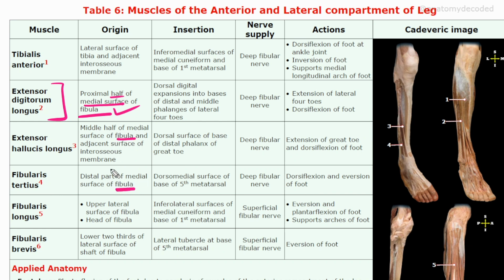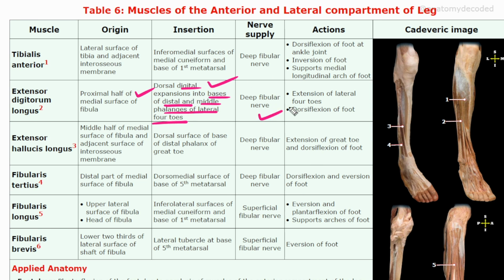Only tibialis anterior arises from the tibia. Insertion of extensor digitorum longus is into the dorsal digital expansion, and then the base of the distal and middle phalanges of the lateral 4 toes.